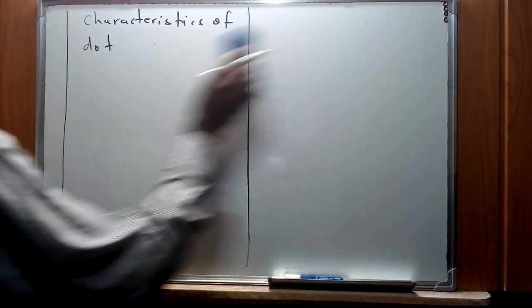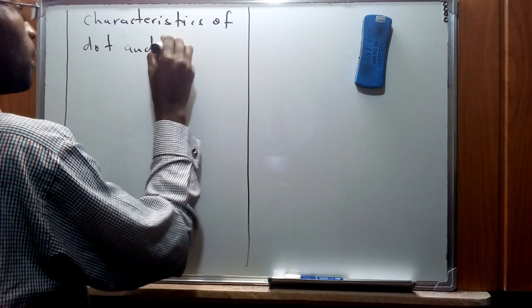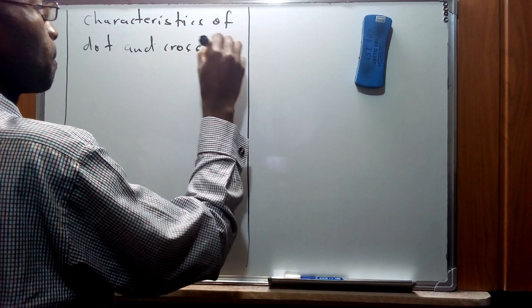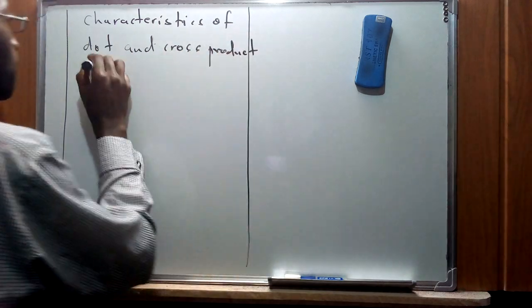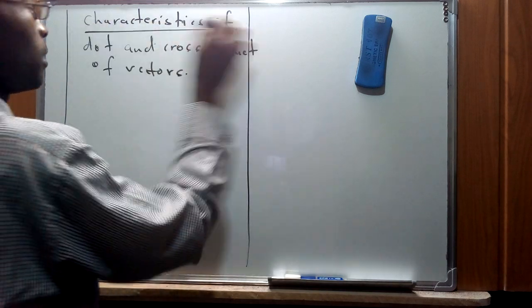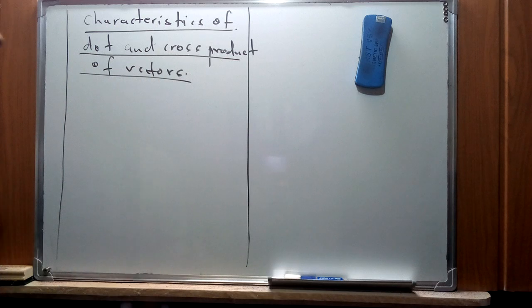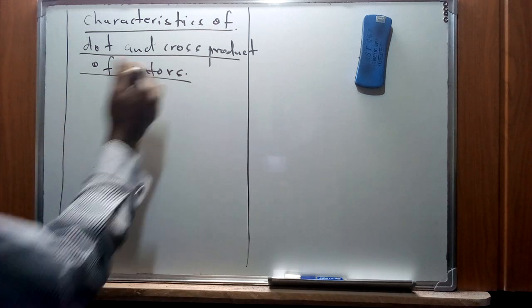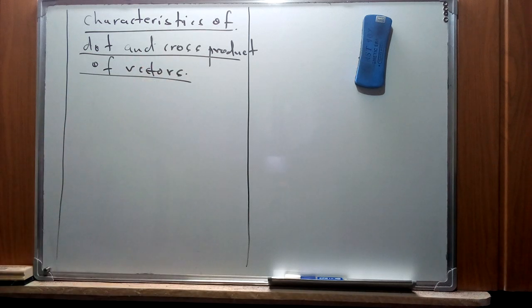Normally we do not put both together, but in this topic I'm trying to do a comparison, to exploit the characteristics of both the dot and the cross product.